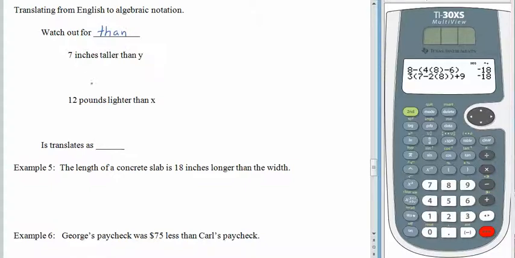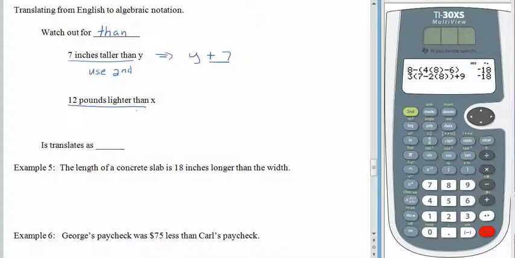When we see an expression, a phrase, something like 7 inches taller than, right? The taller is telling us that we need to add, but the than part says we need to use this second. So really, we start with y and then add the 7, taller than. So we put that in second. 12 pounds lighter than x, right?